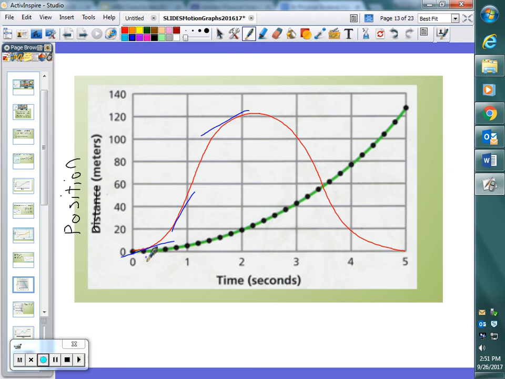What happened from blue line 1 to blue line 2? It sped up. But then what happened from blue line 2 to blue line 3? Slowed down. What happened from 3 to 4? It changed directions. By stopping and then going.